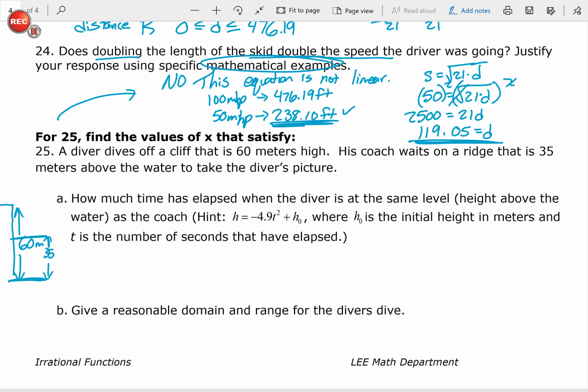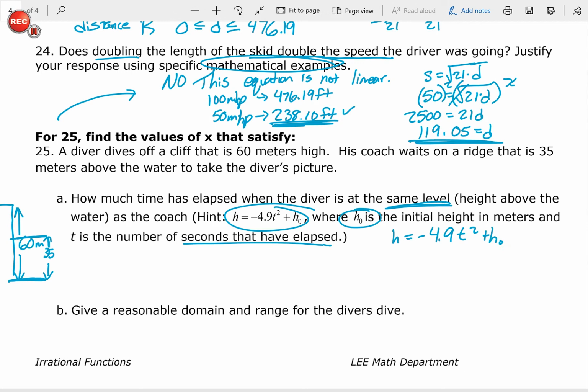How much time has elapsed when the diver is at the same height above the water as the coach? Hint: h, so this is our formula, where this is our initial height in meters, and t is the number of seconds that have elapsed. So we're going to write this formula down: h of t equals negative 4.9 t squared plus h of 0.